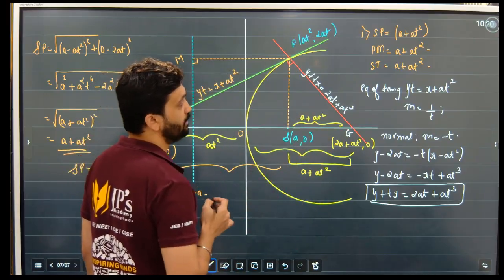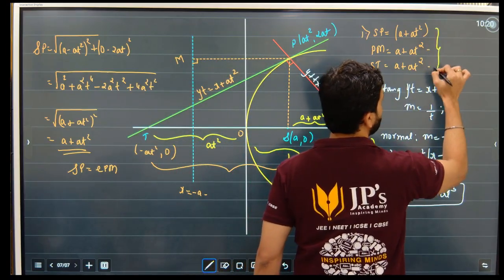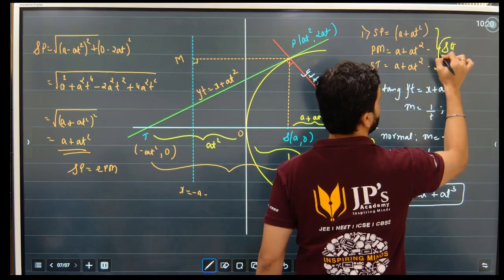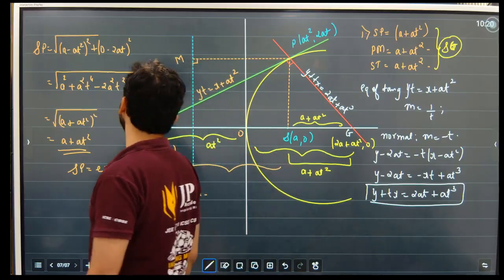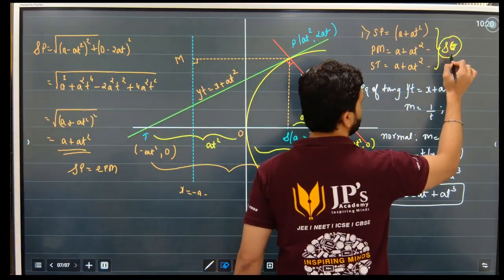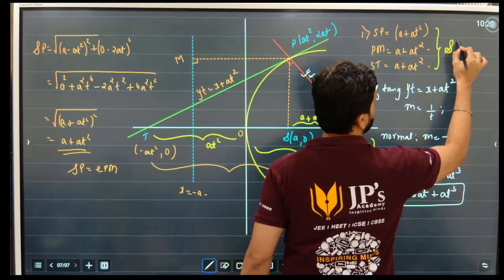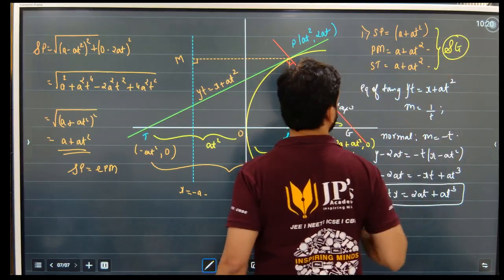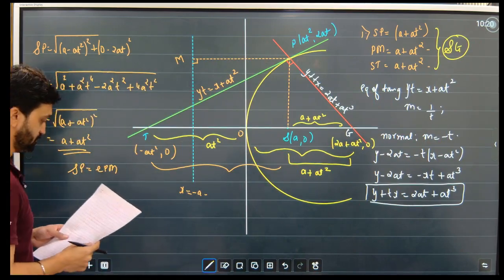So according to that, SP, PM, ST and SG all four have the same value, that is a plus at².